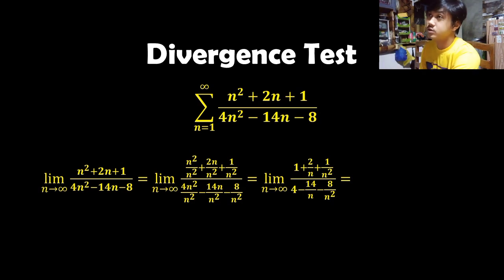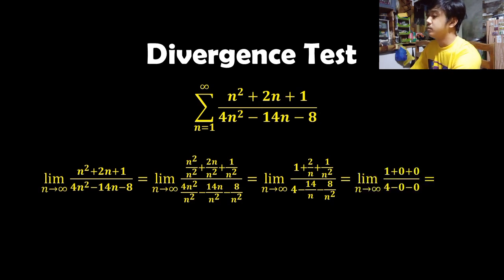You can try it in your calculator: 2 divided by 100, 2 divided by 1000. You will see that it approaches 0.